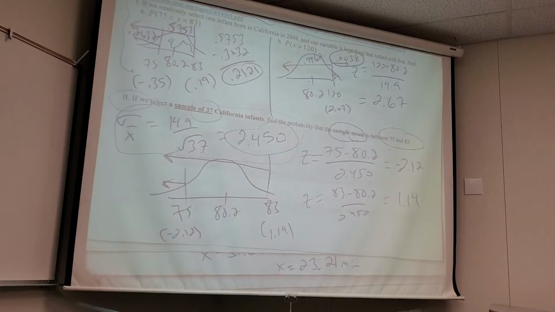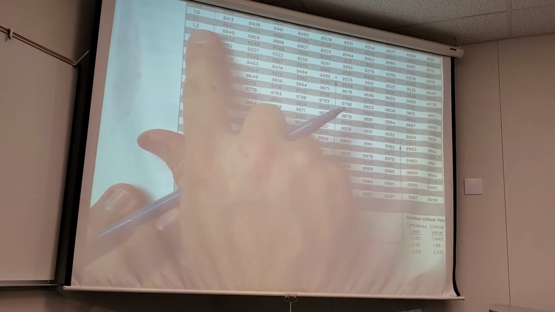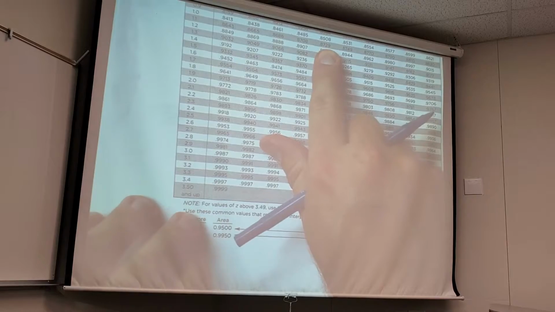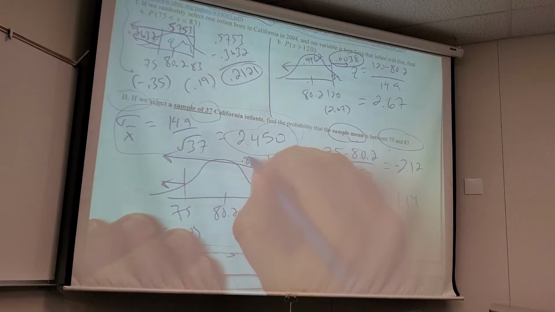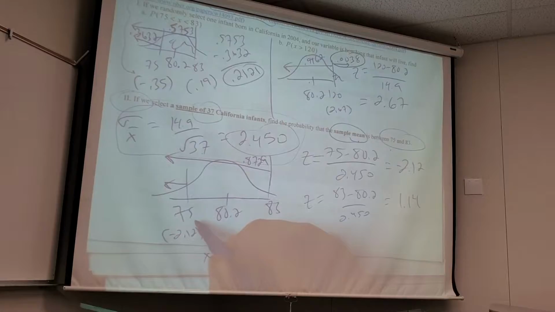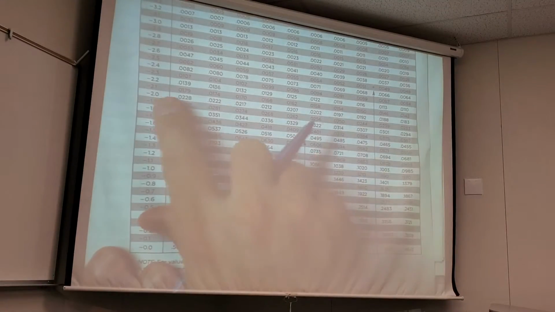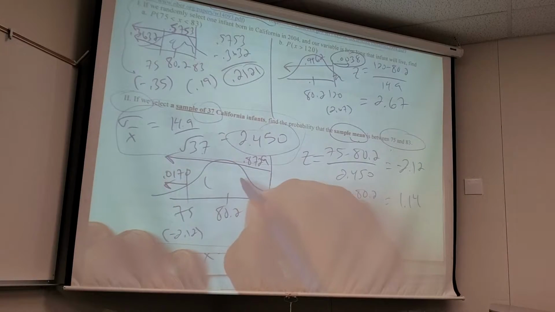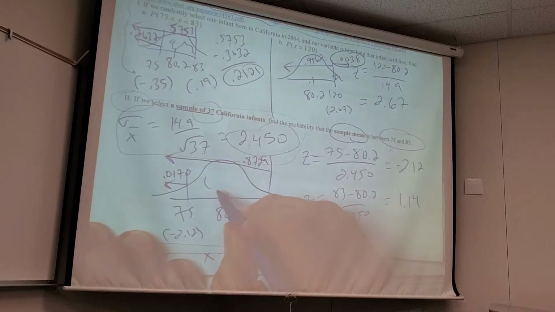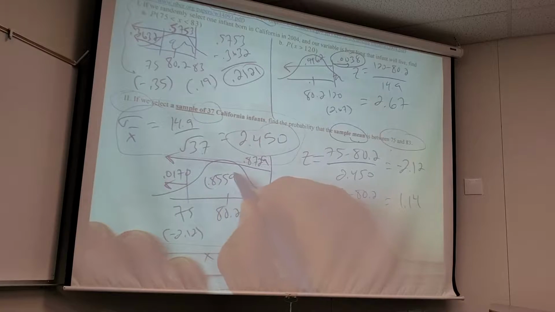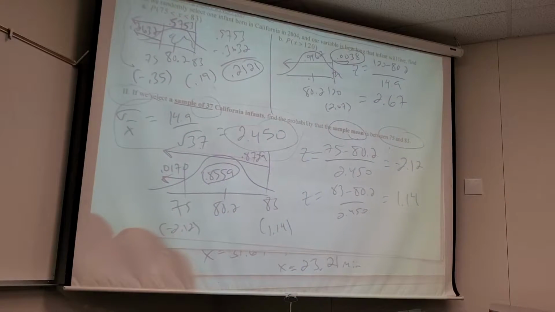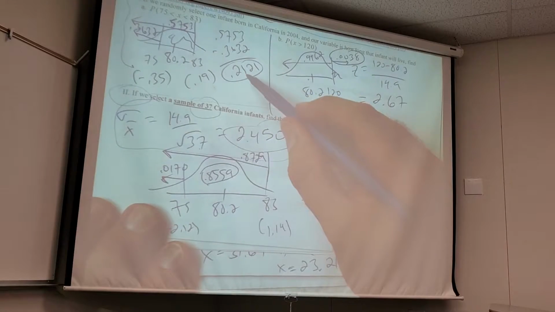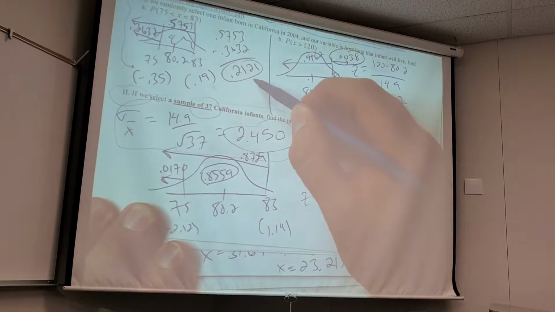So when I look up 1.14, I get 0.8729. When I look up negative 2.12, I get 0.0170. So what's going to be in here then? It's going to be 0.8559. Is that right? So this one only had 21% between those two.